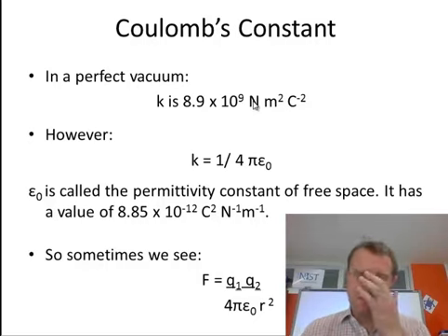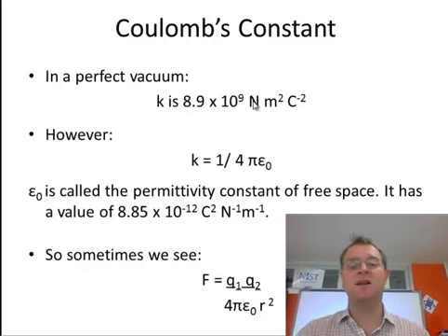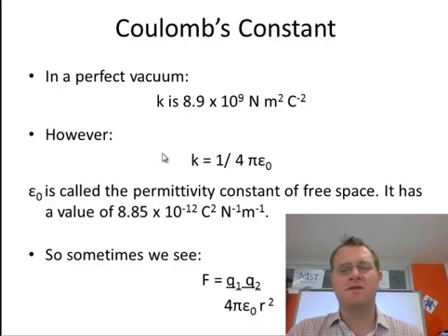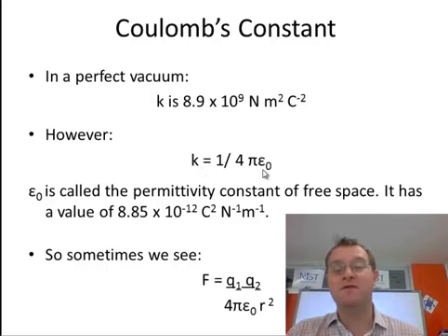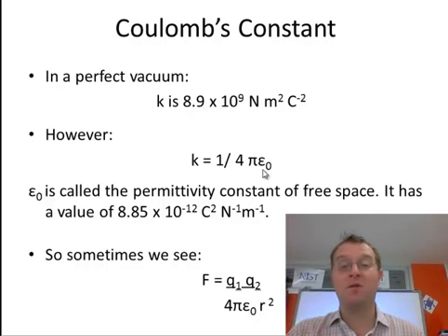And this is why sometimes you might see in books a different value: sometimes this is calculated or shown as what's known as the permittivity constant of free space. If we put that number in, the permittivity constant of free space is 8.85 times 10 to the minus 12, and if I put it into these calculations, it comes out with a value equal to K. When epsilon is different to a vacuum, this just changes the overall constant, which rarely happens in physics questions, but normally happens in the real world.